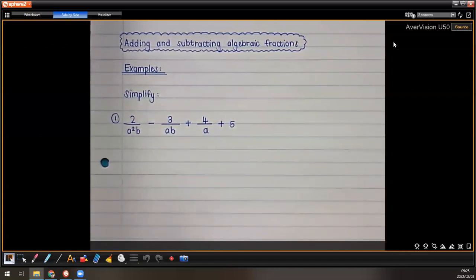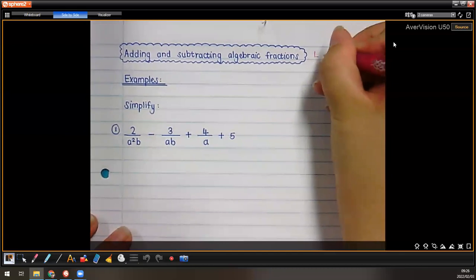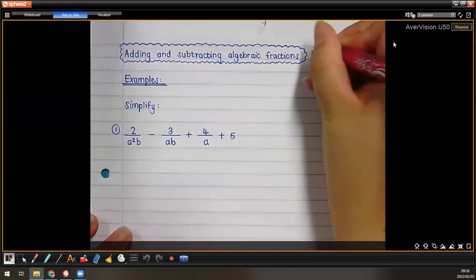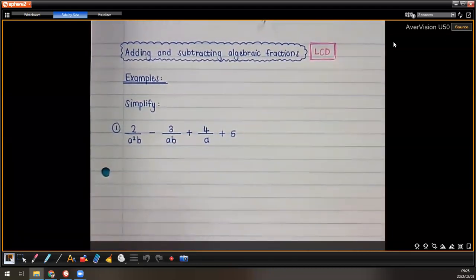Okay, now guys, next to this heading, I want you to write: whenever we are adding or subtracting algebraic fractions, we need to be able to find the LCD, the lowest common denominator.